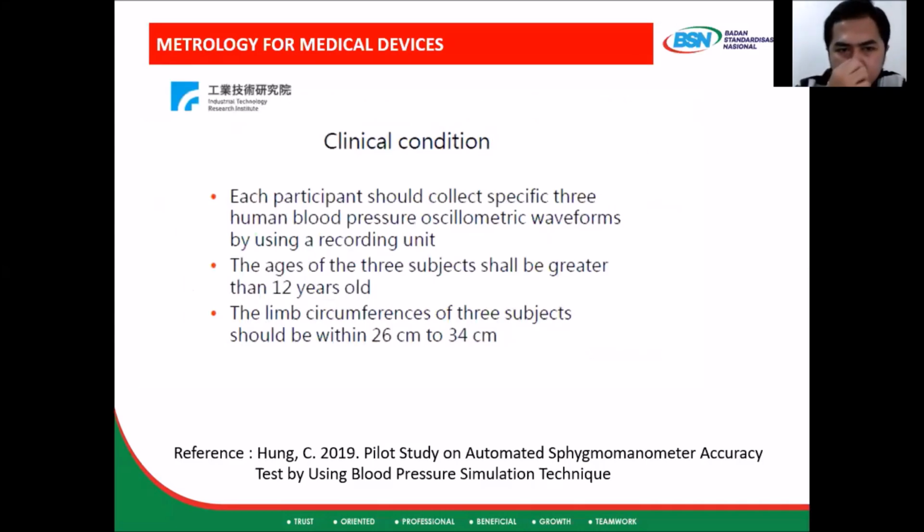Clinical condition: participants should provide specific human blood pressure oscillometric waveforms using a recording unit. So with the recording unit, we collect 3 data for each subject. The age of the subjects shall be greater than 12 years old, and the limb circumference within 26 to 34 centimeters.